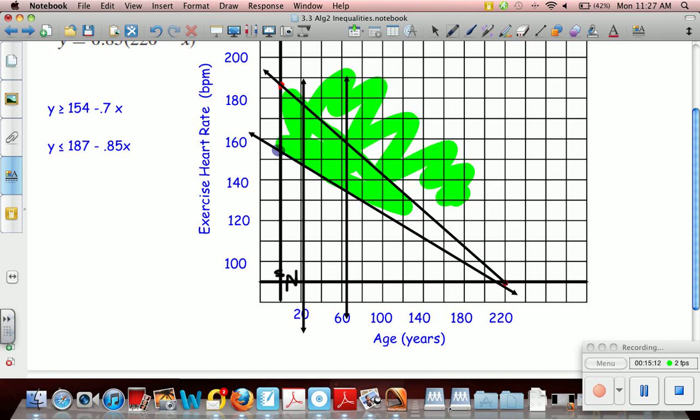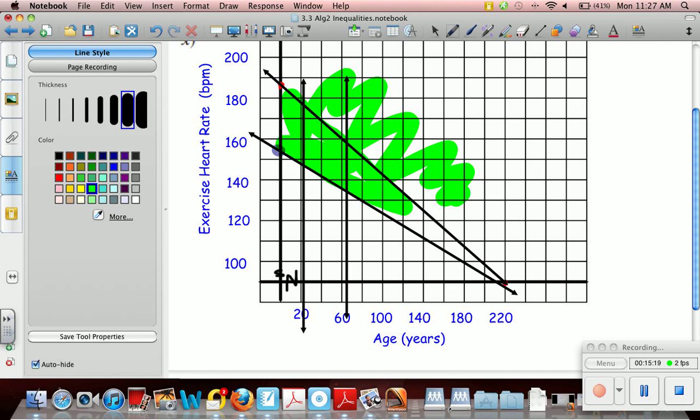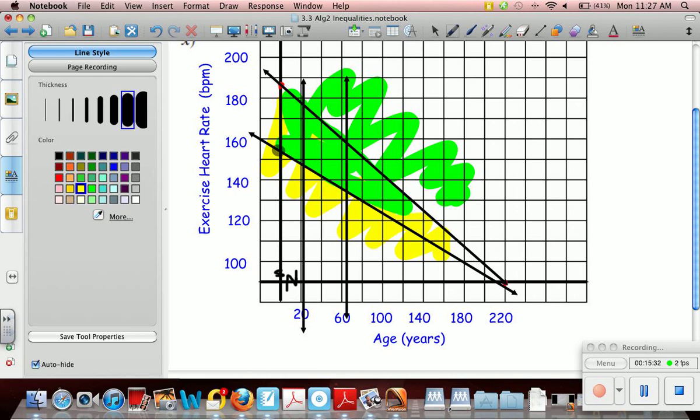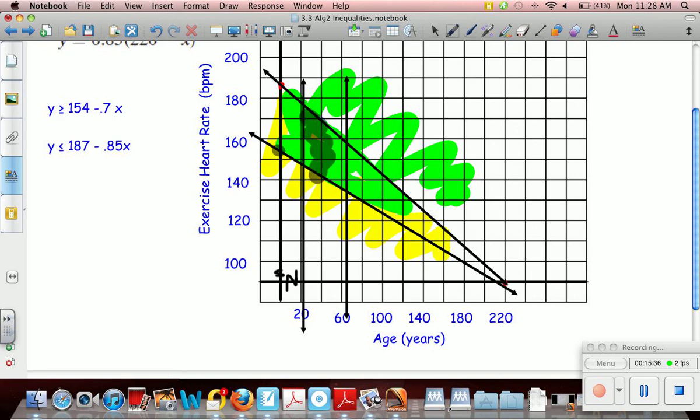However, this one wants to be below 187. So that means instead of being above it, it's going to go below it, which is all the ones below that piece. Okay? And then, of course, greater than 20 means that it's going to be bigger than 20, all the ones over here, but less than 65. So do you see where all the ones intersect each other?